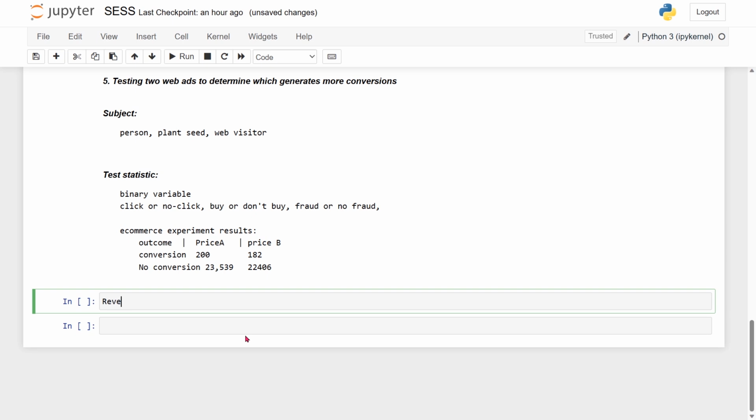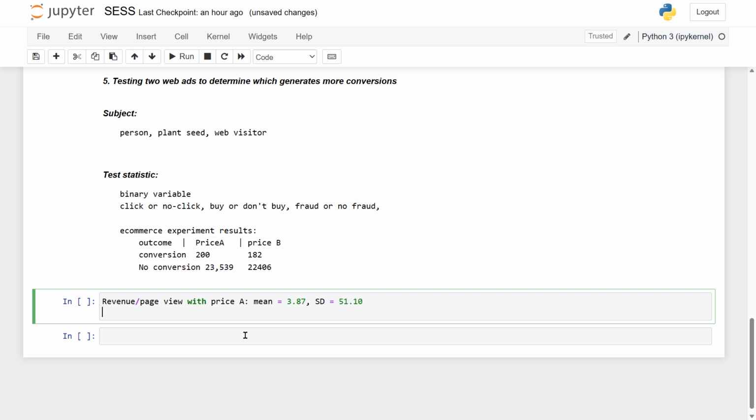So now let's write down revenue per page view with price A. The test statistic mean is 3.87 and SD, the standard deviation, is equal to 51.10. The same applies to revenue per page view for the second one with price B: mean is equal to 4.11 and SD is equal to 62.98.